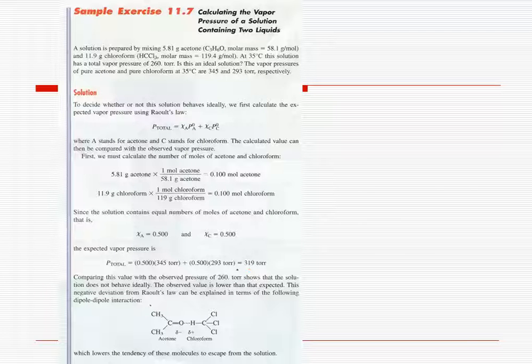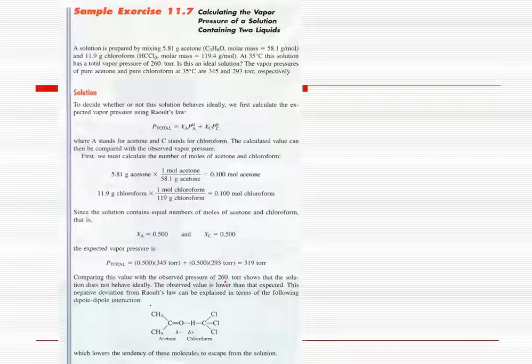So this would be considered a negative deviation from Raoult's law. What that means again is when chloroform and acetone are placed together, the intermolecular forces between the two molecules are stronger than in pure acetone and in pure chloroform, and that's why it ends up being a negative deviation.